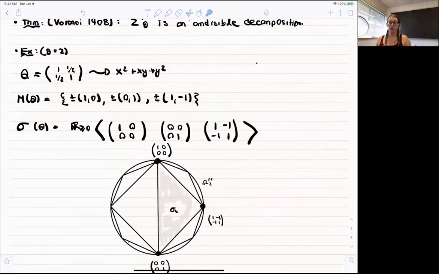And so this cone here that I colored in gray and now coloring in red is omega of this quadratic form Q. And it turns out if you start letting GL2Z act on this cone, you'll see that this quadratic form will flip over here, and then over here, and then over here, and it will slowly tessellate all of this cone. So in fact, up to the action of GL2Z, there's only one quadratic form of top dimension, namely this cone here.